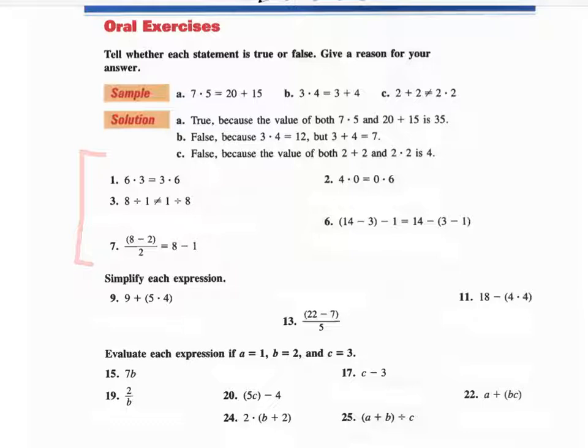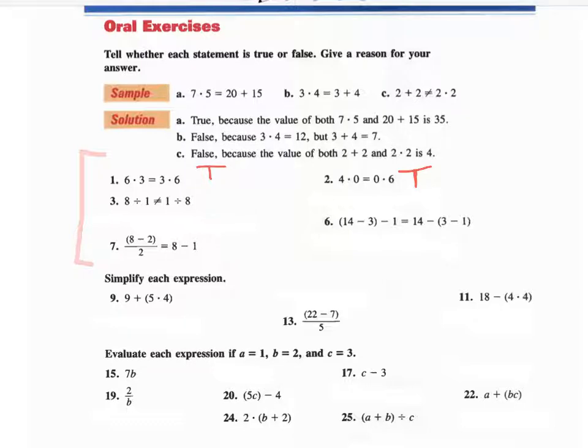True. Because remember, the order that you multiply numbers, I'm still going to get 18 either side of that. It doesn't matter. Okay, let's look at number 2. Is that true or false? True. Anything times 0 is 0, so that one is also true.